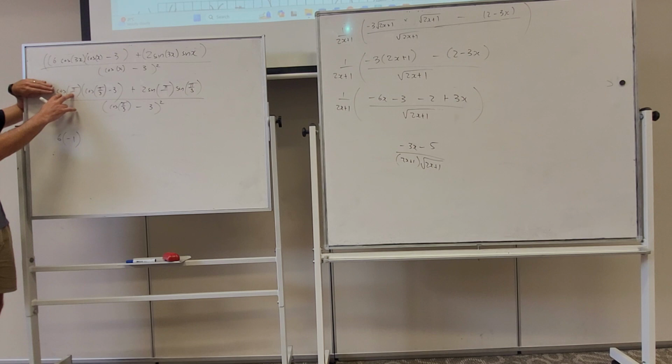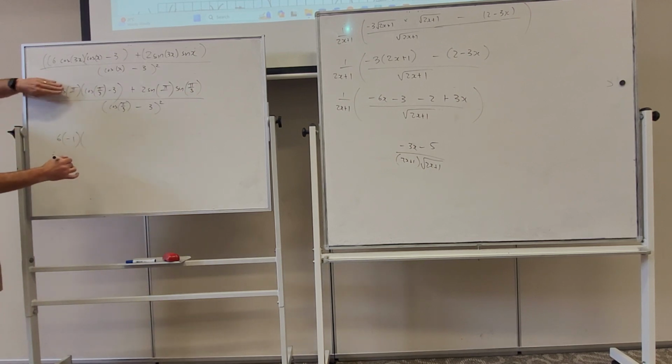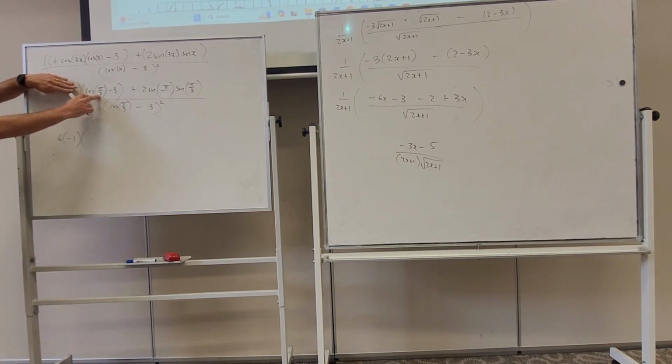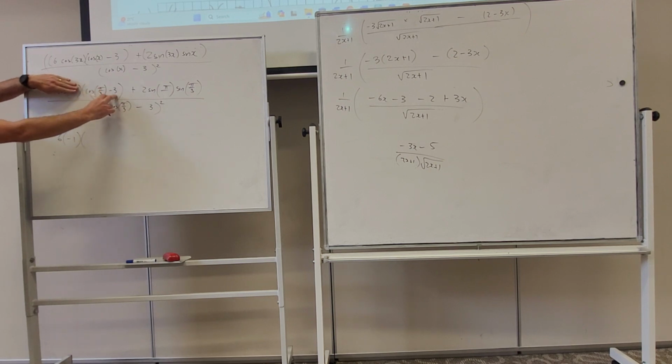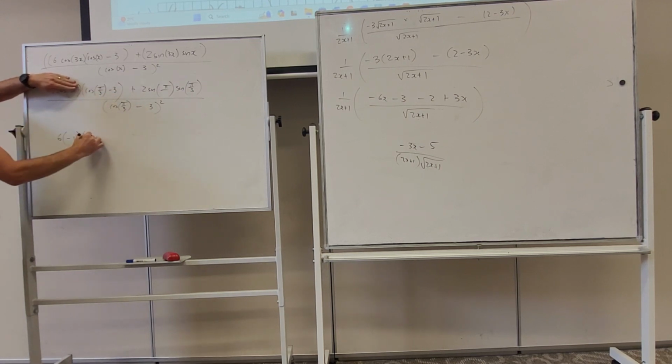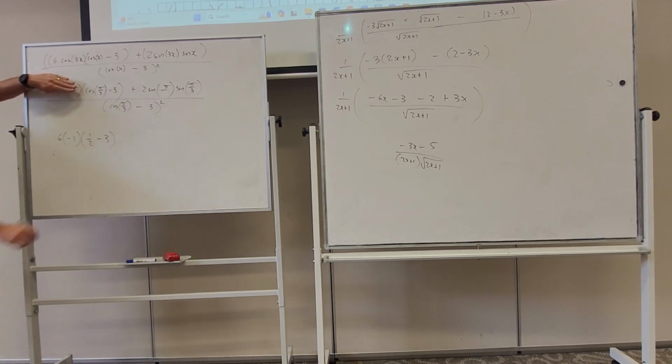So that part's minus 1. Then I have multiplied by cos of pi on 3, take away 3. Cos of pi on 3 is half, take away 3.